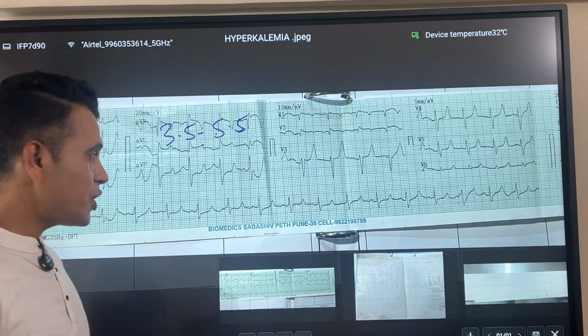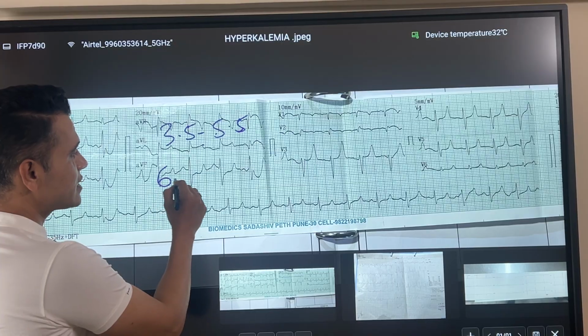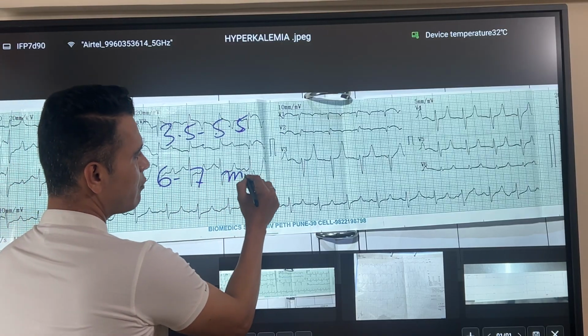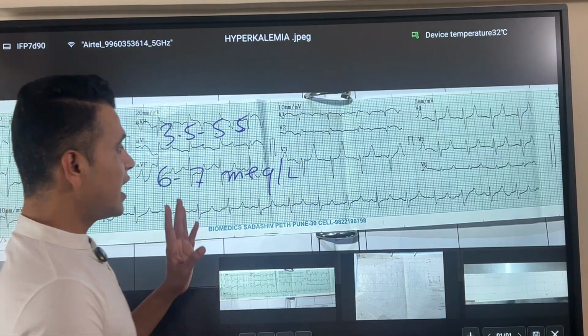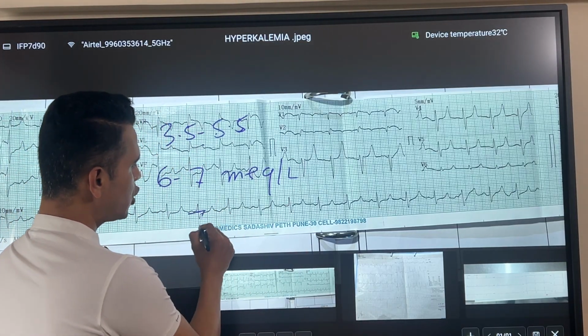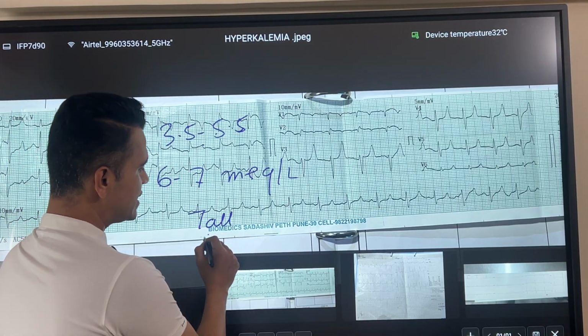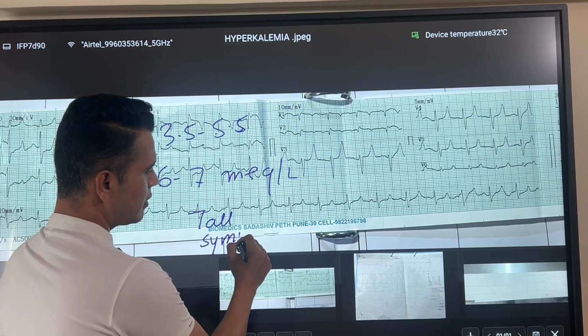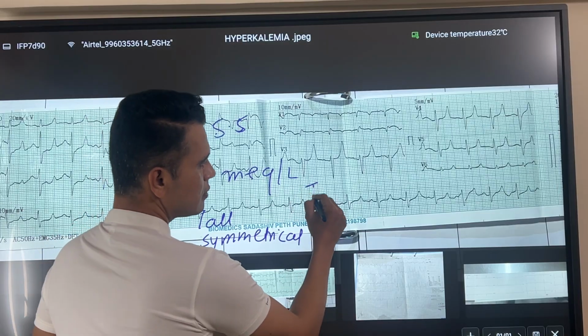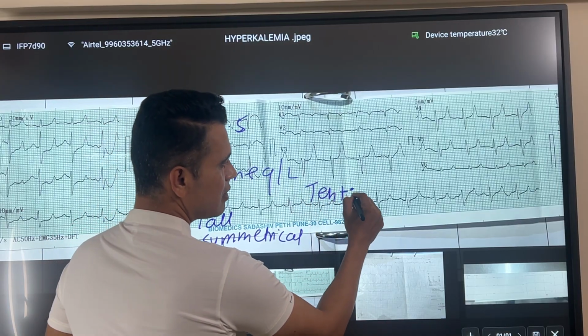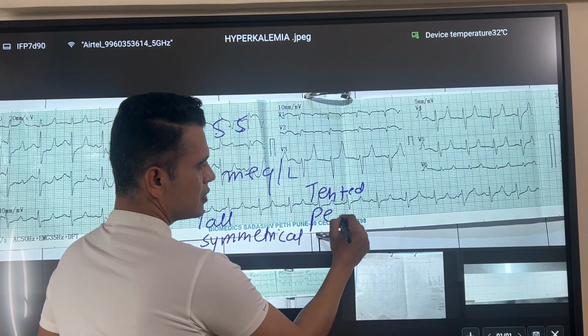As soon as the potassium rises to 6 to 7 milliequivalents per liter, what we get is a typical finding, which is a tall, symmetrical, tented, peaking T wave.